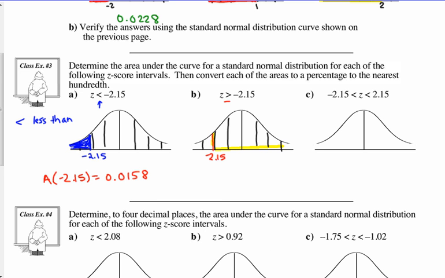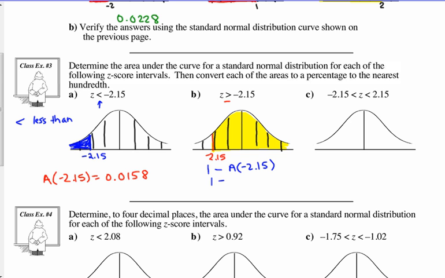Always to the left, not to the right. But we know that the total area under the curve is equal to 1. And if we know the area to the left, then you could figure out the area to the right. How do we do that? Well, the total area under the curve is equal to 1. So if we do 1 minus the area to the left of negative 2.15, we'll get the area to the right.